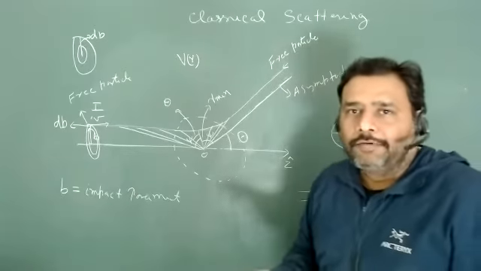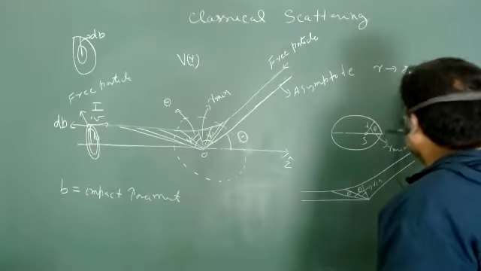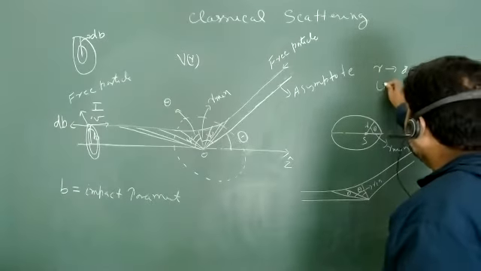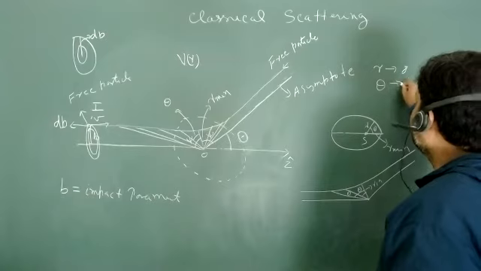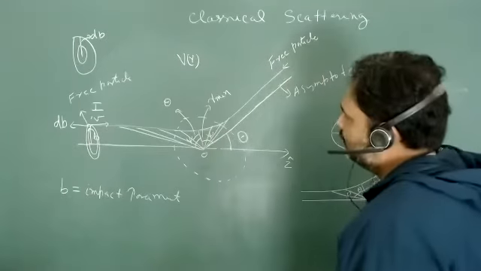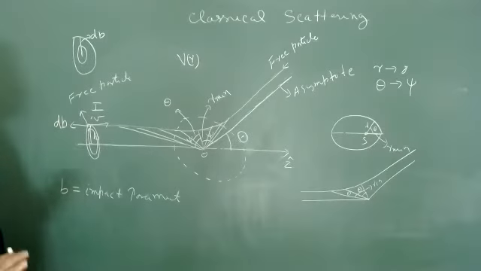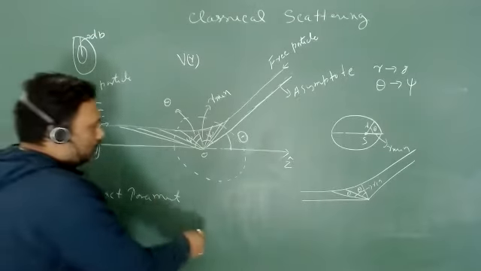This is the theoretical definition of an asymptote. So when R tends to infinity, my polar angle theta tends to psi. Now you can understand what your psi is.